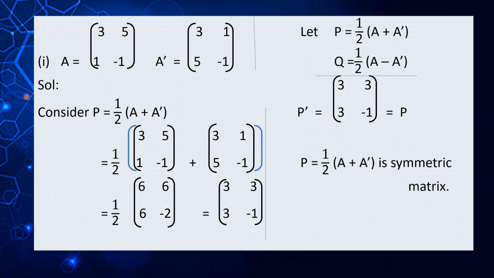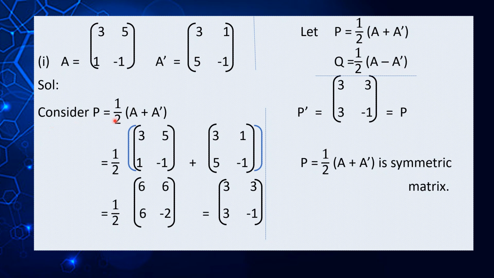Now the solution for the first part of the question. First write down the A matrix: A is equal to 3, 5, 1, minus 1. Now write down the transpose of A, that would be 3, 1, 5, minus 1.